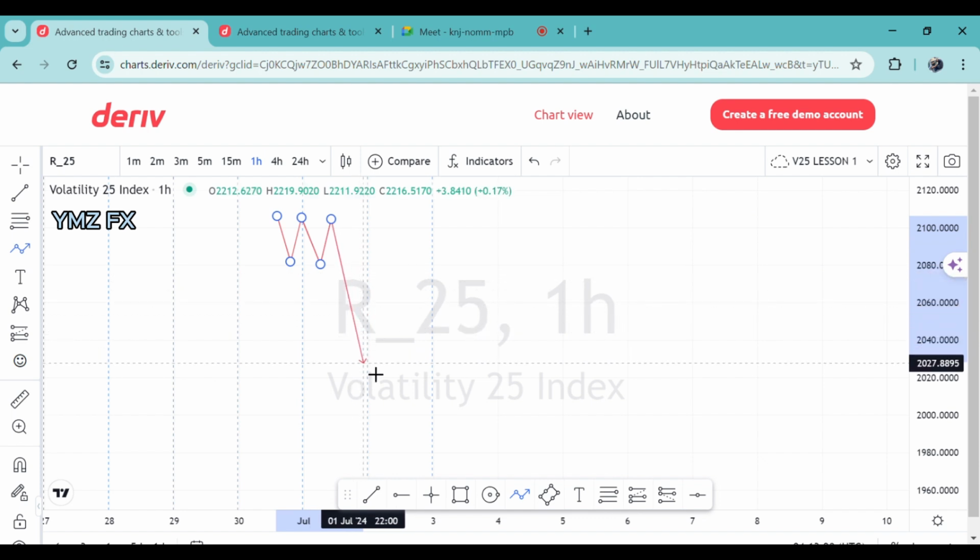Meaning it has engineered some form of liquidity that it has left somewhere around this area. This is an imbalance because there are only sellers coming down here. There are no buyers here.